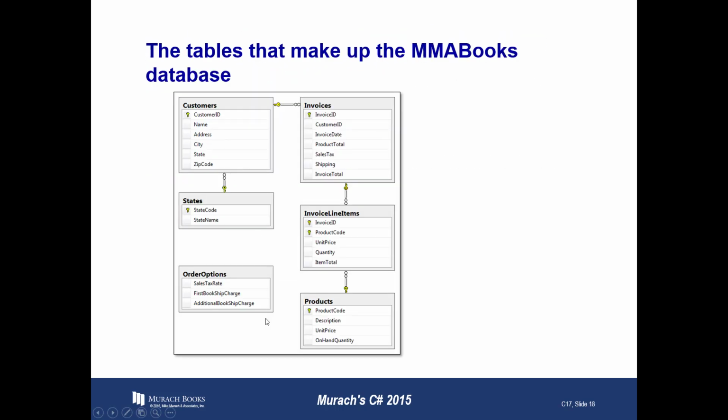Now, I wanted to go back and just show you this. This was the database that the authors showed in the book. So let's suppose that, this is just going to be way out there, but what we wanted was for each order, we wanted the customer name, the customer ID, let's just say the invoice date, the product total, the state the customer was from, the product description, and the unit price.